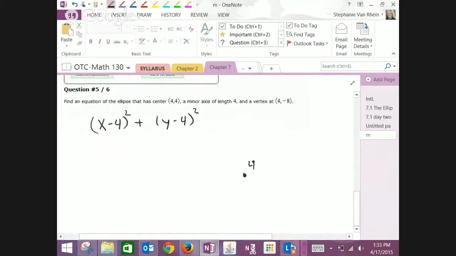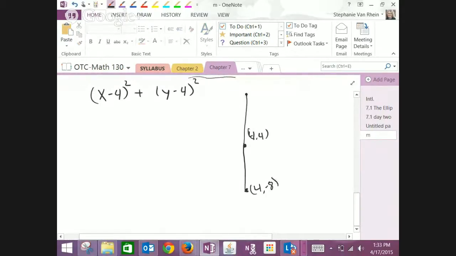So if I put 4, 4 here, the minor axis length of 4 and a vertex at 4, minus 8. So that tells us our major axis is the y-axis because the x is the same, right?